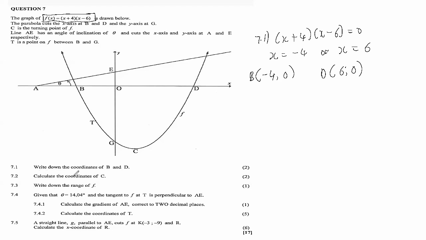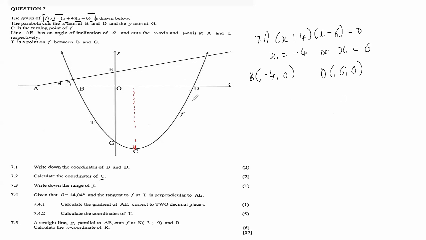Now 7.2 says calculate the coordinates of C. As we can all see here, excuse the pun, our C is the turning point of the parabola graph. The x-coordinate of the turning point is known as the axis of symmetry.